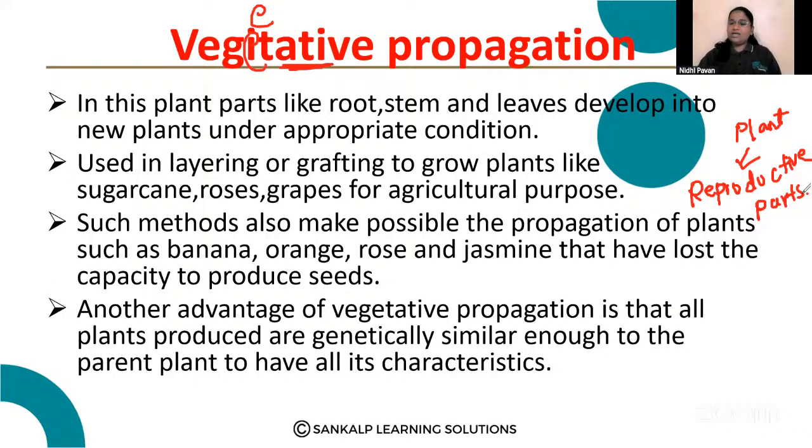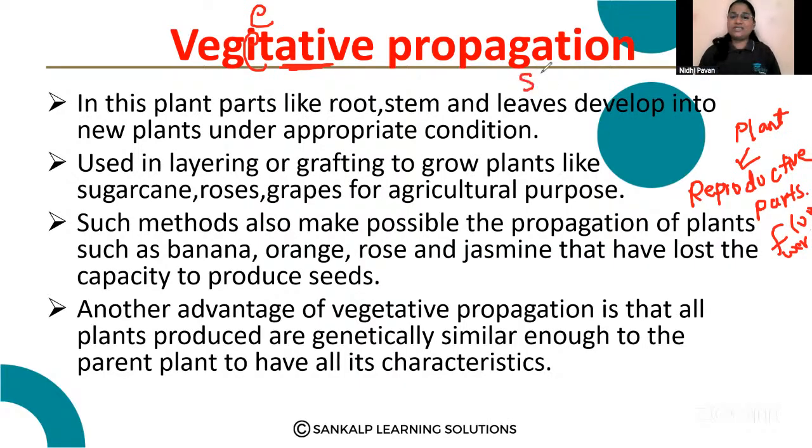Flower, very good. So in flower we have stamens, we have ovary and all. So the flower is a reproductive part. The parts in the flower, whether pistil, pollen grains or ovary, all these are reproductive parts.